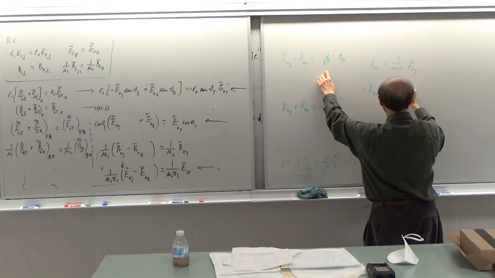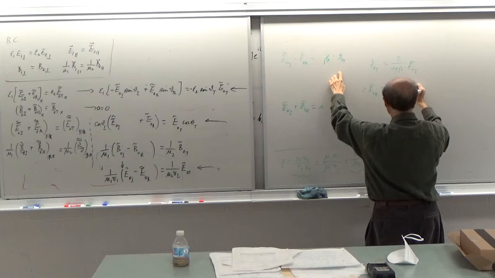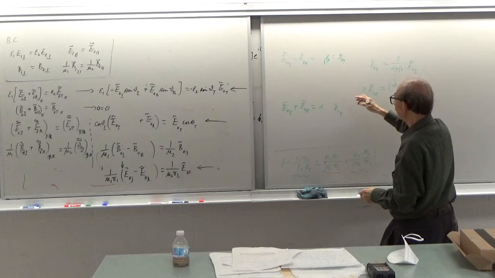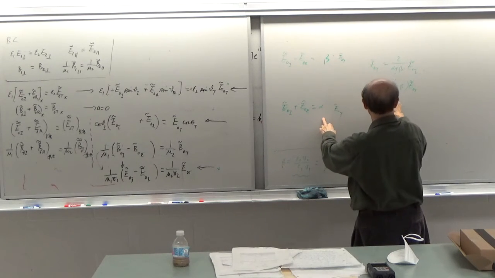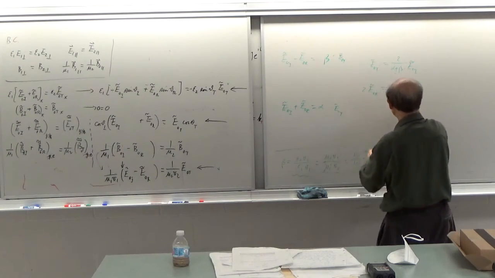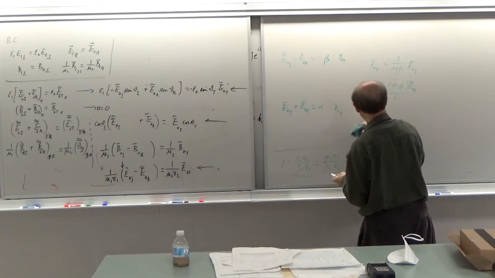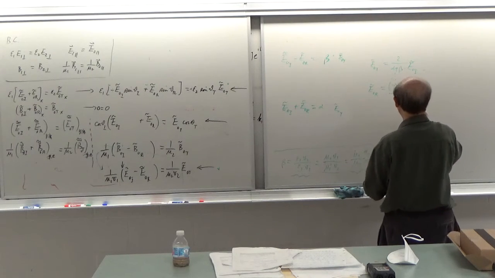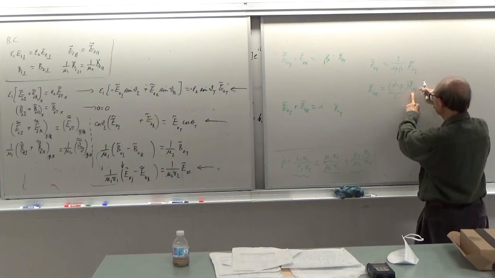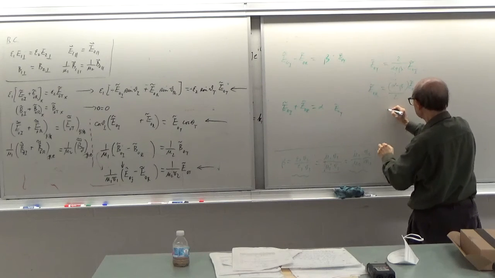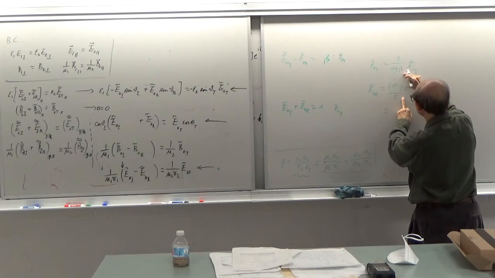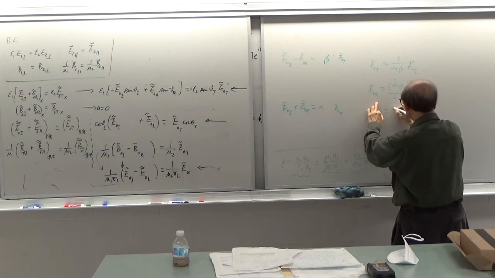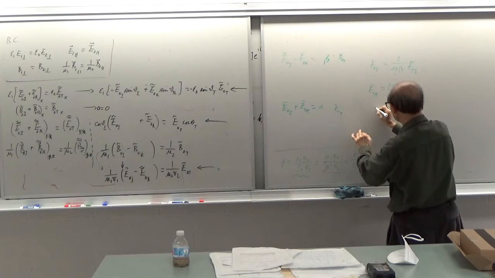So it's alpha minus beta times E naught t. The 2 goes to that side. But now I know that the transmitted amplitude is given here. So this is equal to this minus that times that. The 2 cancels, so that I have alpha minus beta over alpha plus beta.